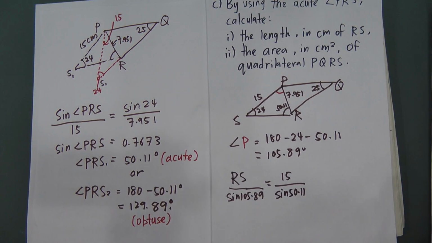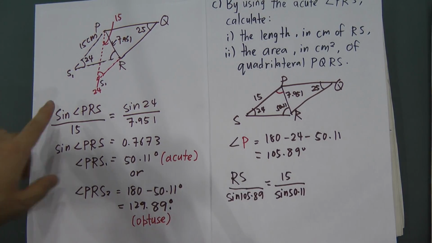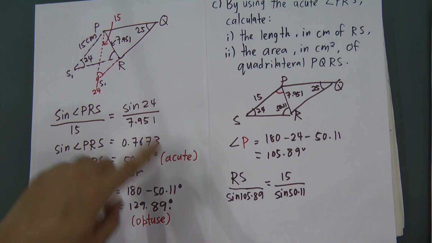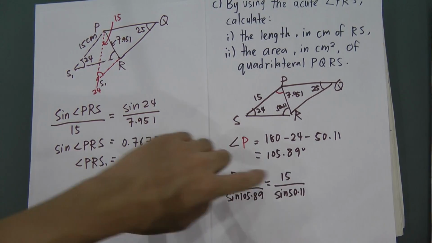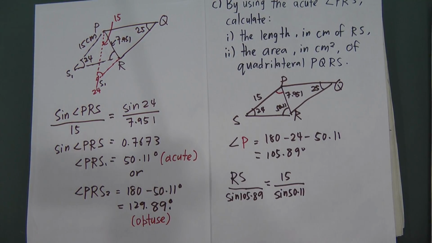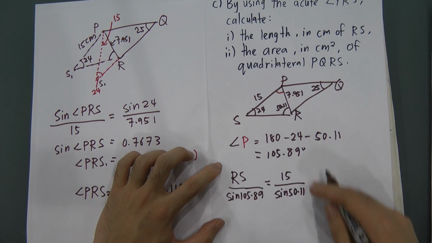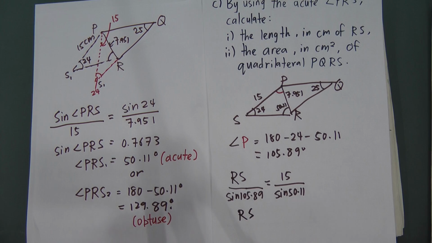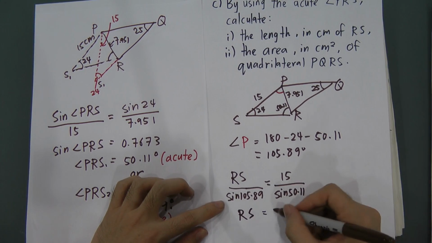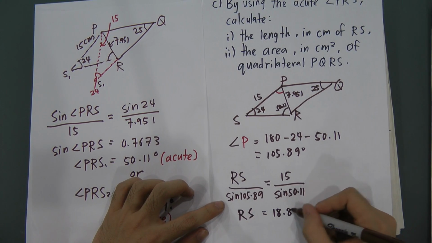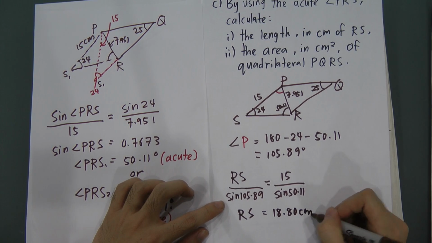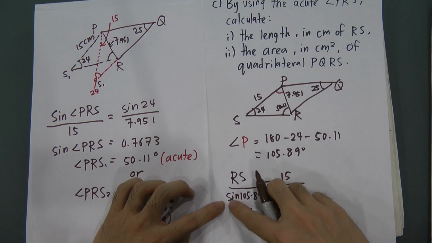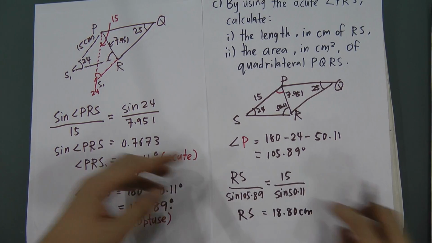It's okay. But the important part is, if you write the sine angle on the top, you have to make sure both are sine angle on the top. If you write the length on the top, you have to make sure both are length on the top. After you solve this equation, you get the length of RS is 18.80 cm. Very easy. You just use the calculator, 15 divided by sine 50.11, and then multiply sine 105.89.